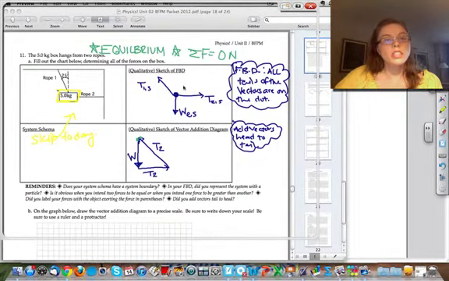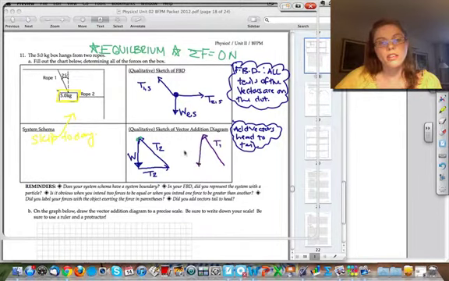Let's say we go T1 plus weight plus T2. That works.